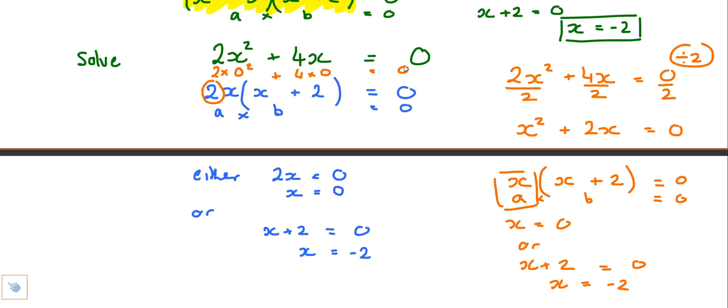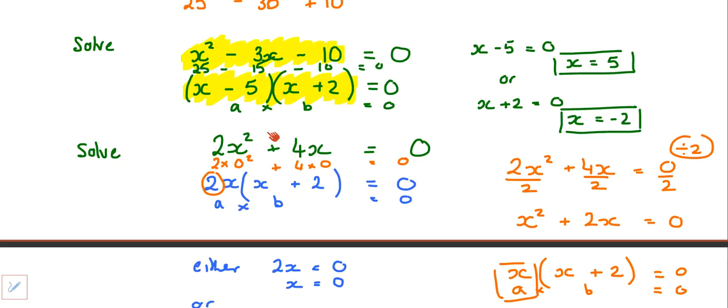Does that mean that 0 could be a solution anytime? No. That is a good point, let's discuss. Is 0 a solution to this one? No, because if I put 0 in, I get minus 10. I don't get 0. So 0 is not always a solution.